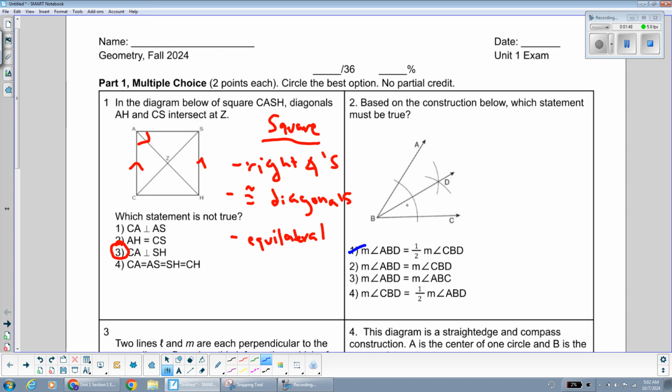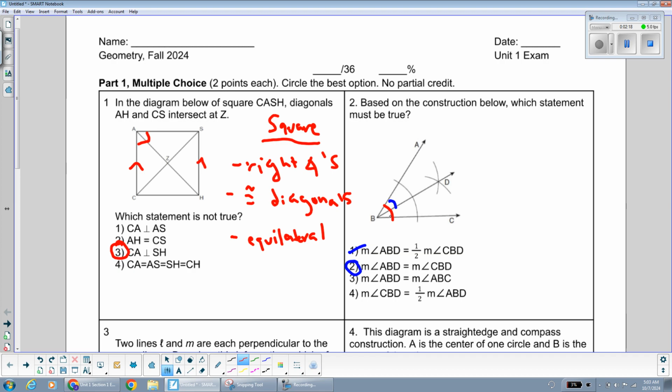Angle ABD is equal to the measure of angle CBD. This is true. These are both halves of the whole angle, and they are equal to each other. Answer choice 3 says angle ABD is equal to ABC.